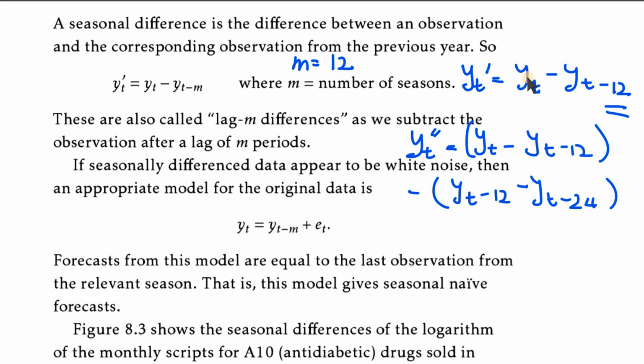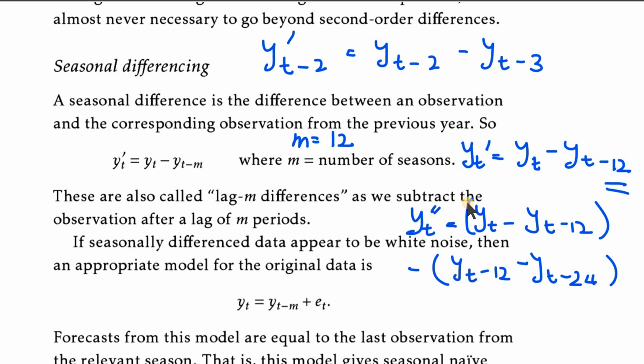Taking from Yt, we difference again at the seasonal lag, so Yt minus 12. For the second term, we difference one time again at the seasonal lag, so it becomes Yt-12 minus Yt-24. Then of course we can open the brackets.